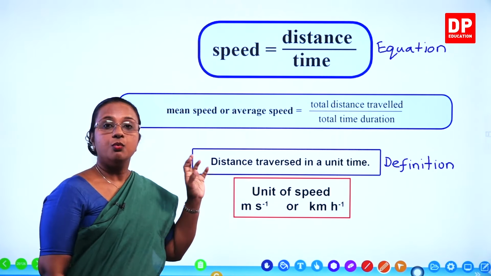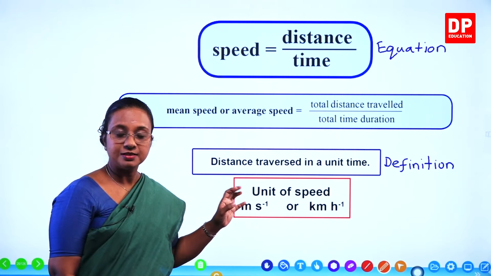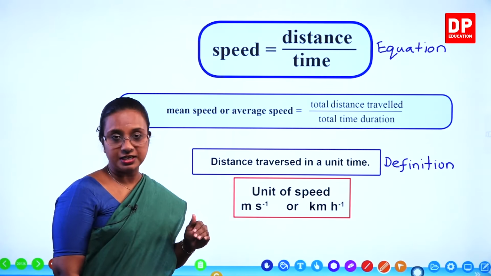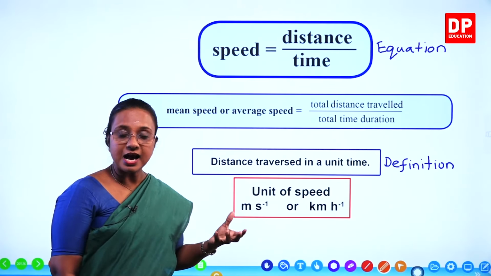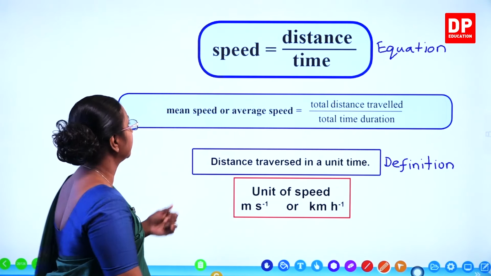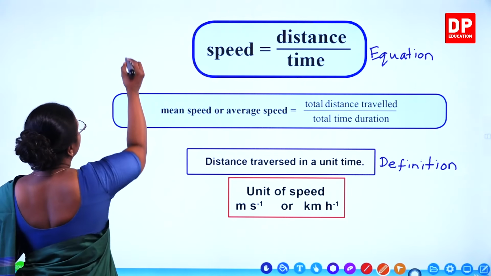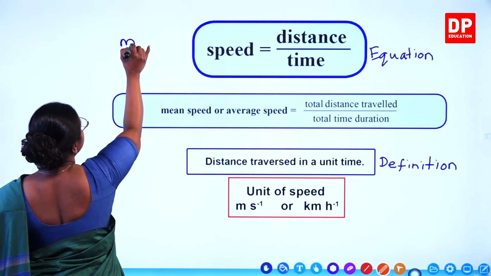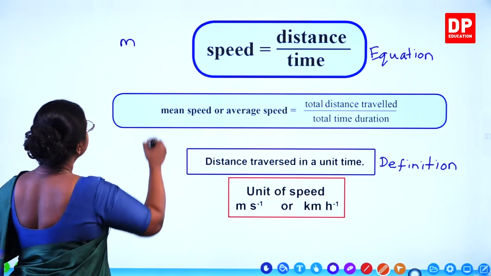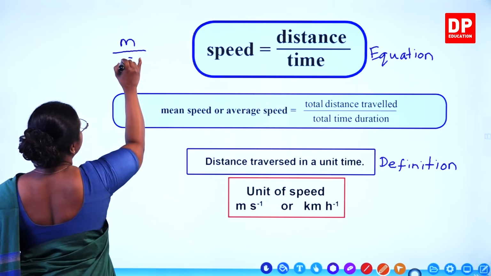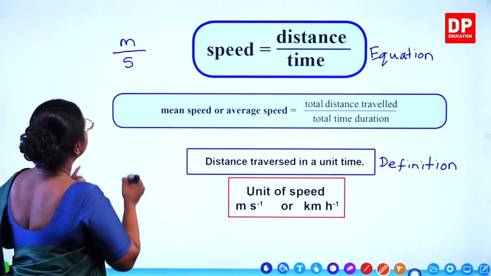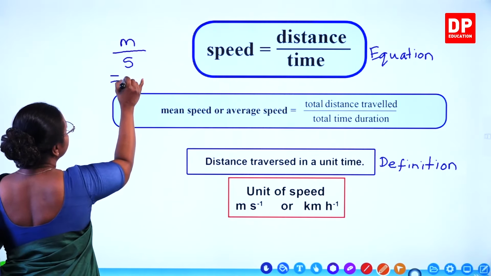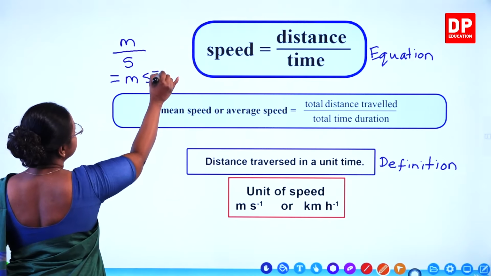As you know, when an object travels, the distance is given in meters and the time is given in seconds. So therefore, we are dividing distance, given in meters, by time, specified in seconds. So the unit of speed will be meters per second.